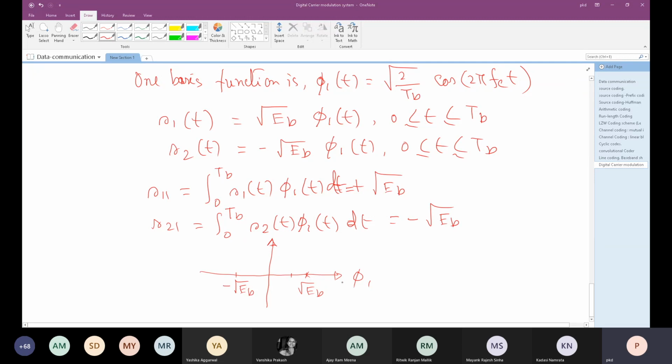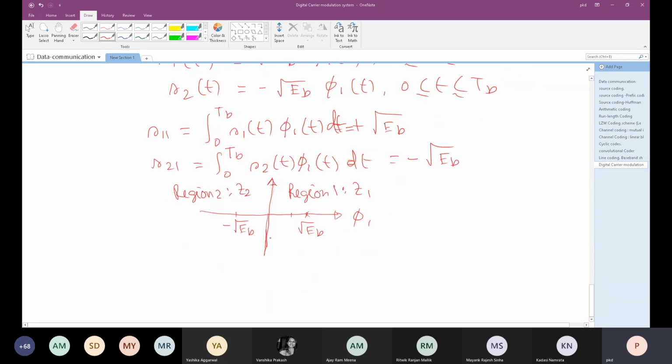Both are on the x-axis, that is in the direction of phi 1. So there is one zone called region 1, that is Z1, because this square root of EB is a positive zone, and region 2, Z2. So the decision for having 0 or 1 can be taken on this boundary. So this is the decision boundary.